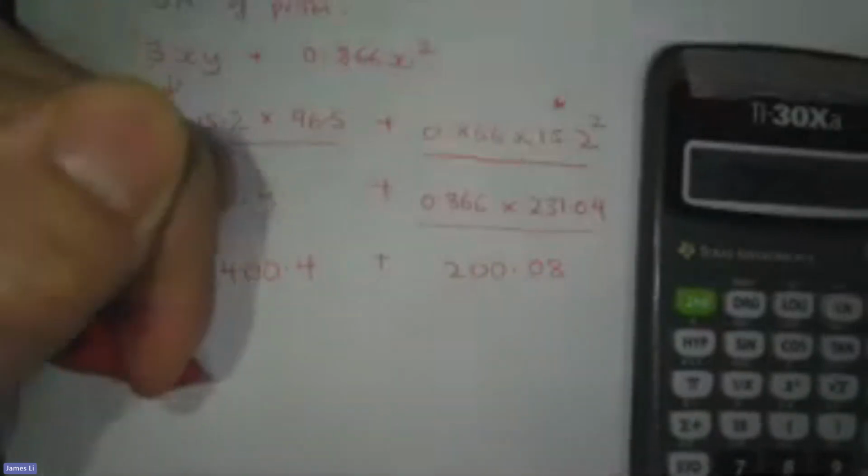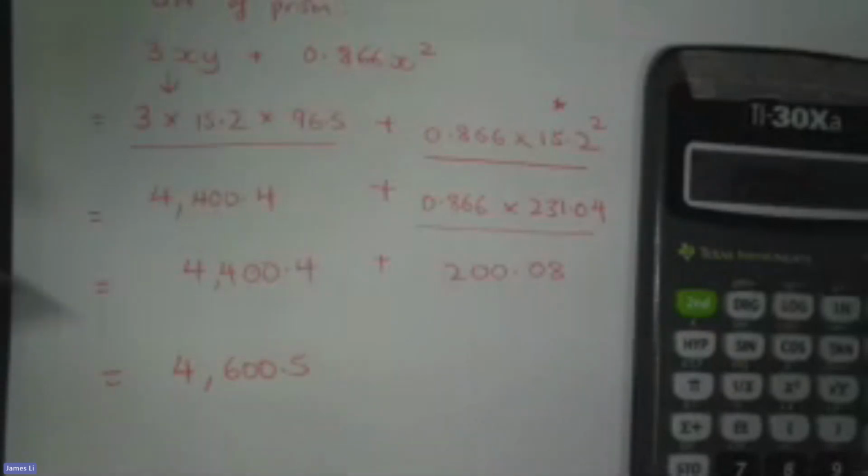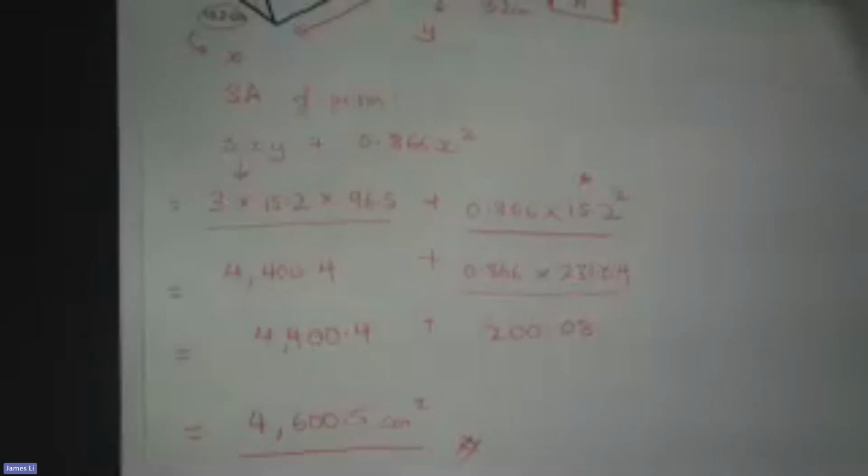Then 0.866 multiplied by 231.04, I will get 200.08. Plus 4400.4, and then you add them up. When you add them up, you will get 4600.5 thereabouts, cm square. And that is the surface area of an equilateral triangle prism.